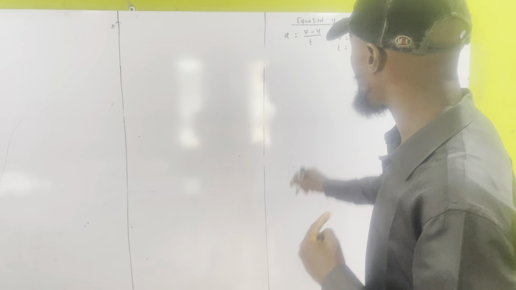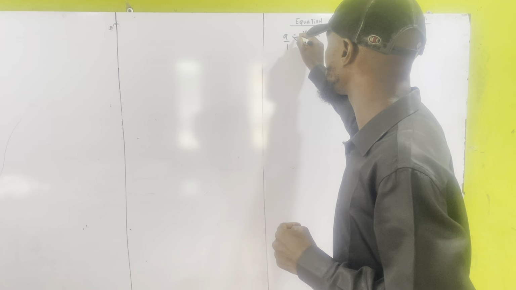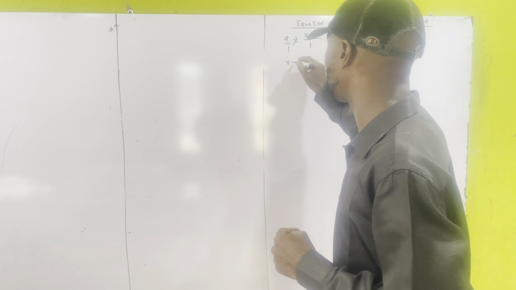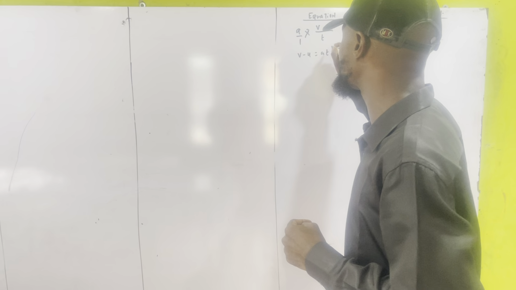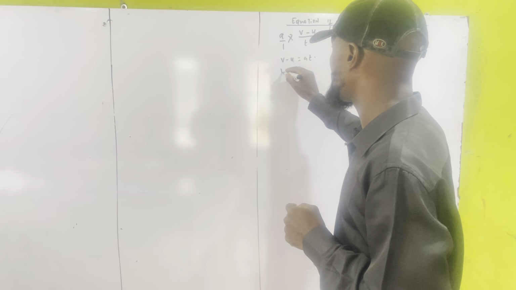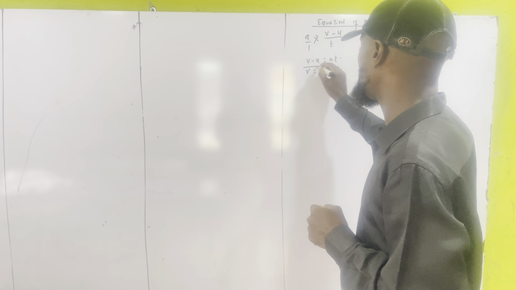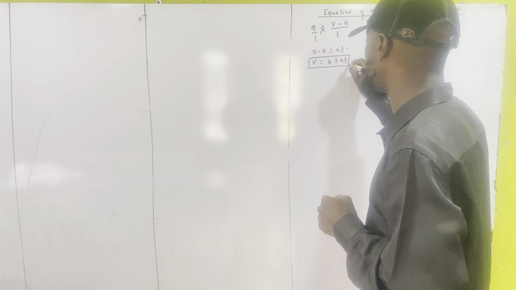Cross multiplying, v minus u equals at. Transferring minus u to the right hand side, v equals u plus at. This is our usual first equation of motion.